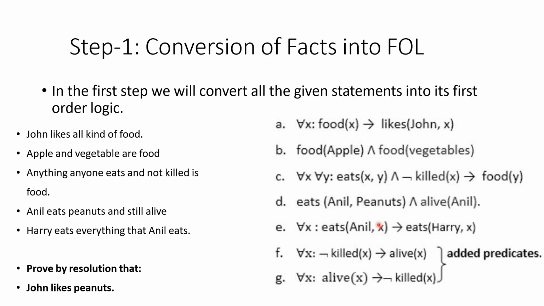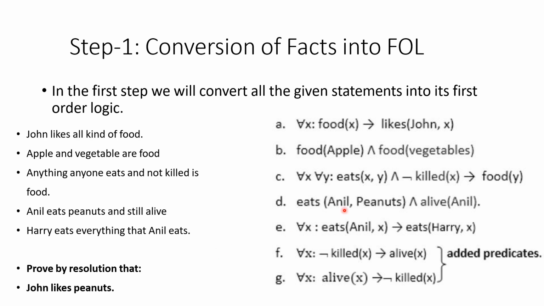When we are doing the resolution graph, we have to find the complementary clause, so we are writing additional clauses. Not killed x implies alive x: x is not killed means x is alive. And alive x implies not killed x: x is alive means not killed. So we have added two predicates. Then we have to prove John likes peanut.